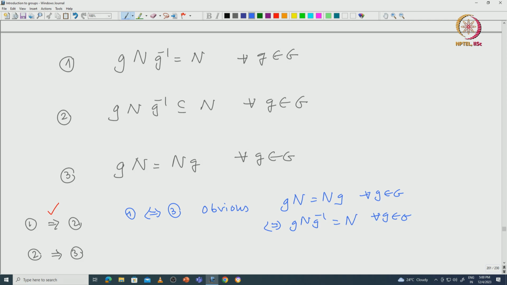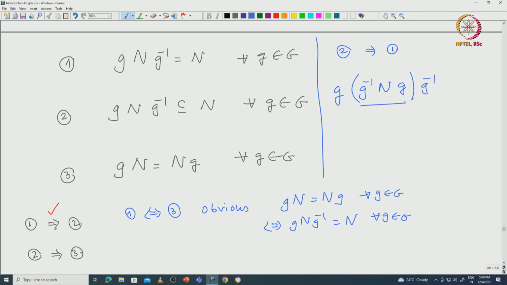Or 1 implies 2 is obvious, okay. So how do you prove 2 implies 1? As we did before, you consider G inverse N G, and then apply G and G inverse.